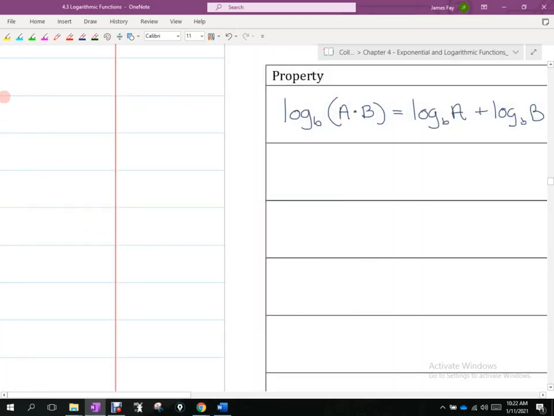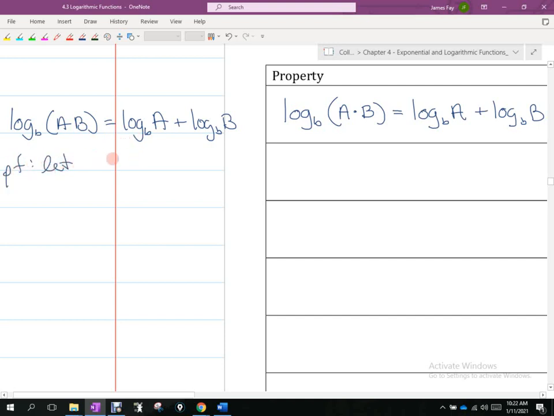Okay. So what we're going to do, I'm going to start with log base b of AB is equal to log base b of capital A plus log base b of capital B. And the first thing I'm going to do, I'm going to let this thing here, so here's the proof of this.